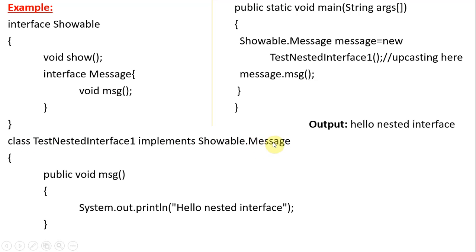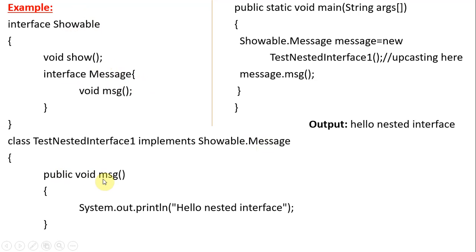If it is a nested interface, we have to specify the parent outer interface as well as the nested interface, and they are separated with a dot operator. That means we are accessing the Message nested interface with the help of the outer interface. Those are connected with a dot operator.